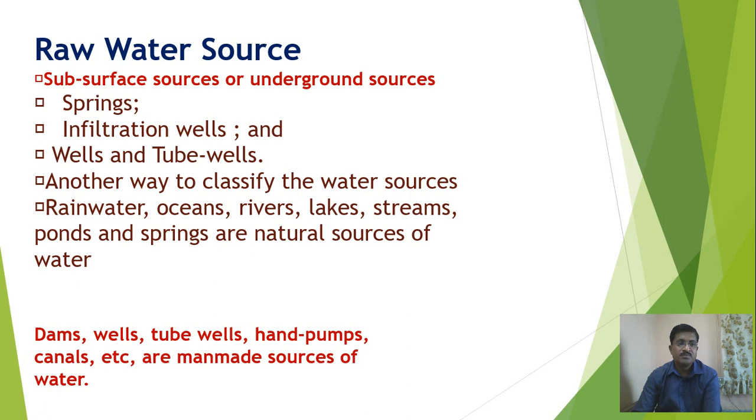Then there are subsurface sources, also called underground water sources, which are springs, infiltration wells and tube wells. Another way to classify water sources: rainwater, oceans, rivers, lakes, streams, ponds and springs are the natural sources of water. Then dams, wells, tube wells, hand pumps, canals, etc. are the man-made sources of water.